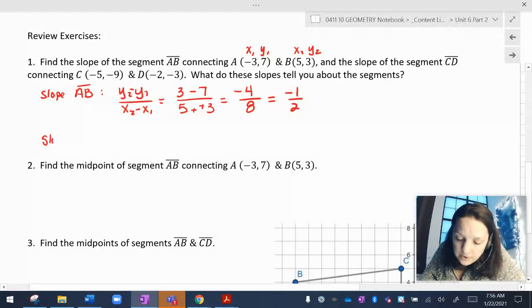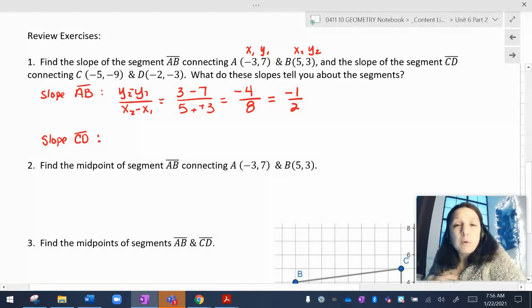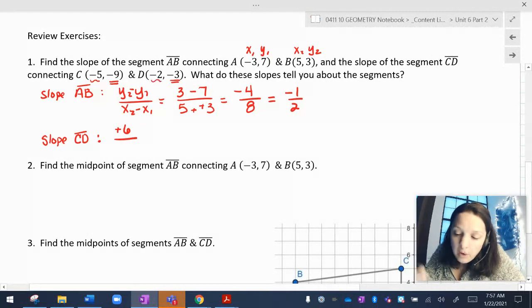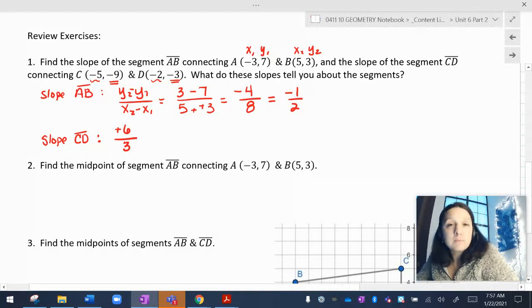Then if I want to find the slope of CD, I'm going to do that one my favorite way, which is the delta y over delta x. So how do I do that in my head? I say, okay, what happened to y? Y went from -9 up to -3. So y increased by 6. And then what happened to x? X went from -5 up to -2. So x increased by 3. And 6 over 3 is 2.